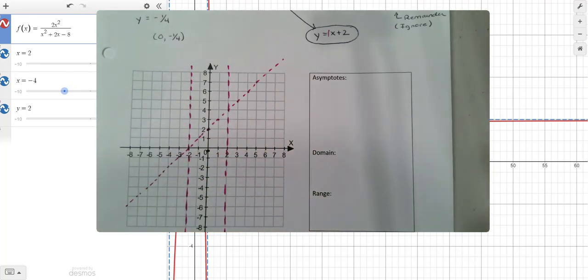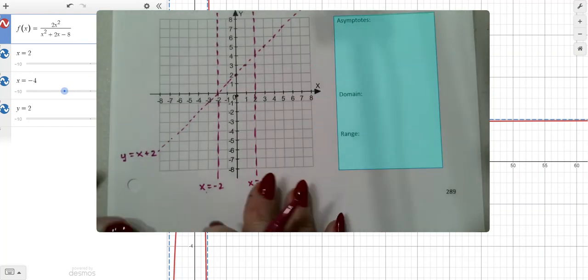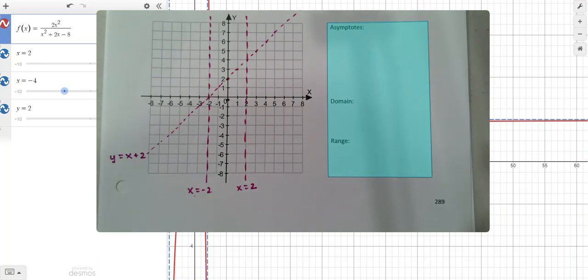So there's my slant asymptote. Y equals x plus 2. All right, again, the asymptotes become sort of the structure or framework that I build my graph around. So let's go ahead now and get the rest of it with Desmos, and then we'll sketch in what we see.